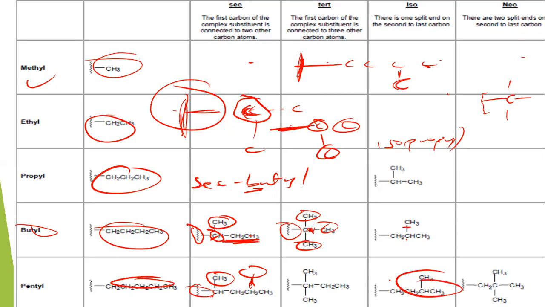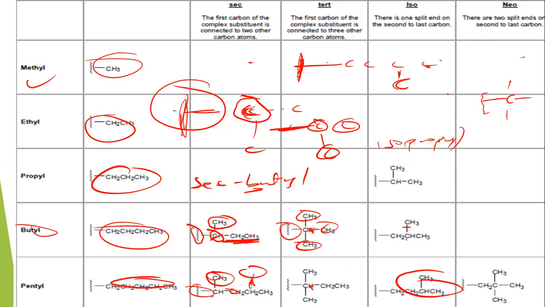I'm talking about iso. Now, if this first carbon has 2 groups, so this group and this group, it is sec. Now, if it has 3 groups, this hydrogen shouldn't come. Yes, if you have 3 groups bonded to it, like we have here, then it's tertiary, right? Good.